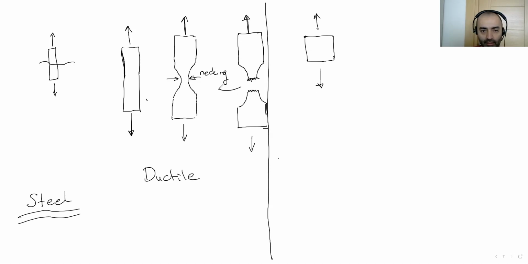And then it breaks from here. But in this example, we have a cube, we are applying tension. There is no deformation. There is nothing. We increase the load, increase, and then suddenly it breaks down.